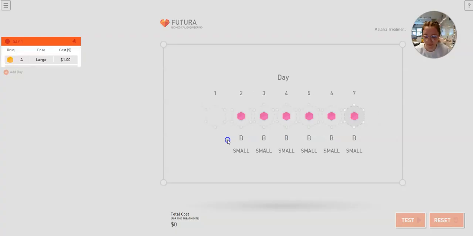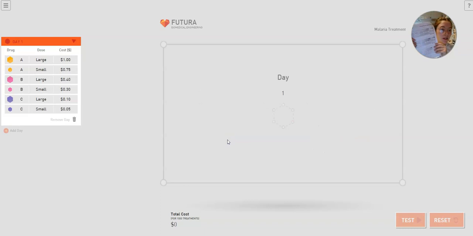And then I'm gonna reset. So again, I filled in that information, and my comments were just what I was talking about. More bugs, not great, cost okay, side effects good.